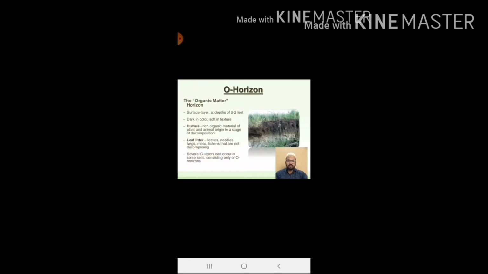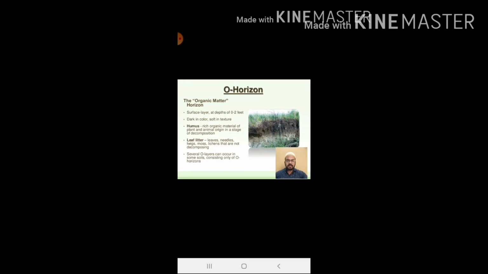The top layer of the soil, where plants grow and animals live, is known as the O horizon. The O horizon is also called the ground level. This is the surface layer, at a depth of 0 to 2 feet. It is dark in color and soft in texture.